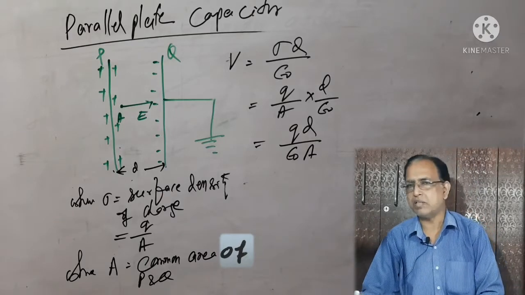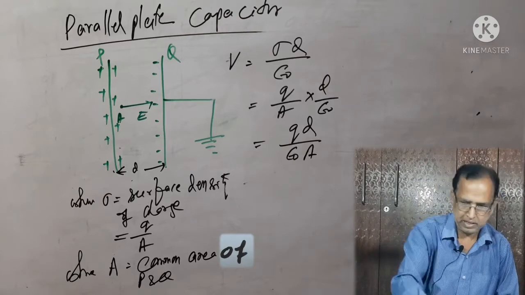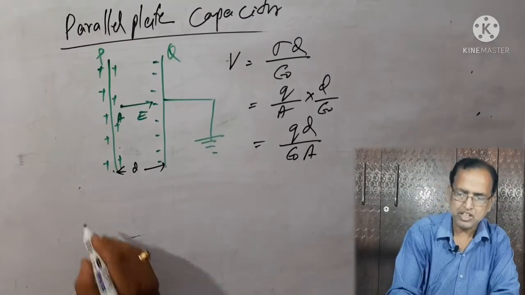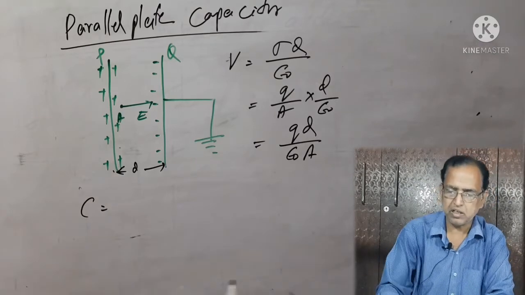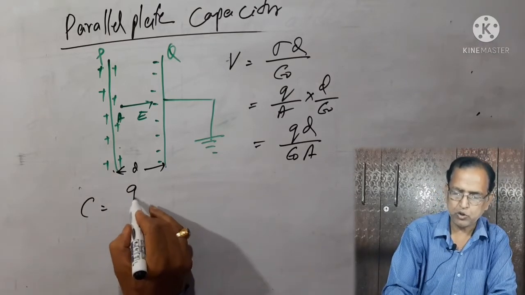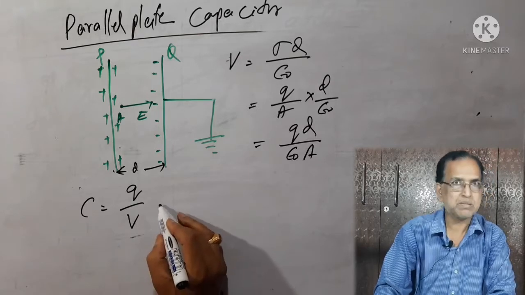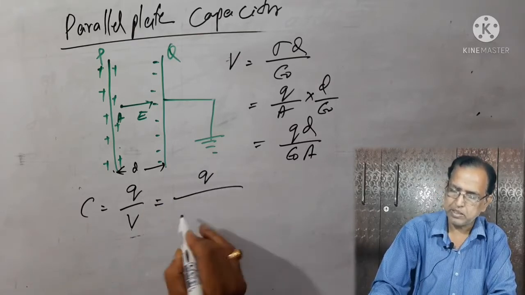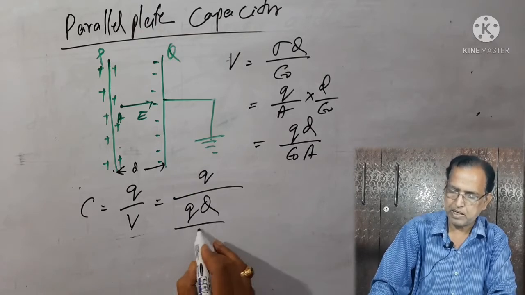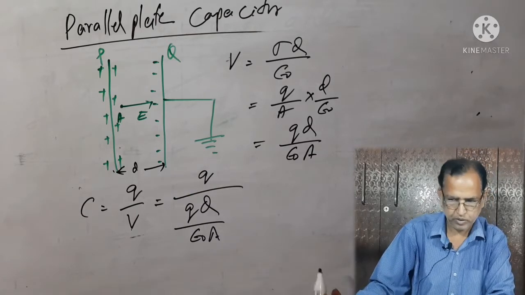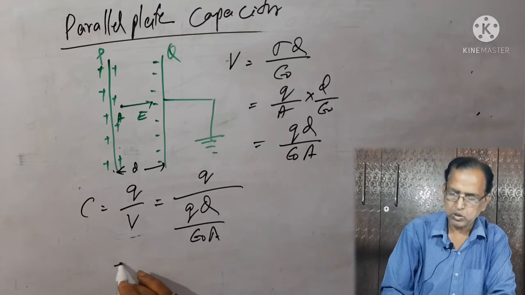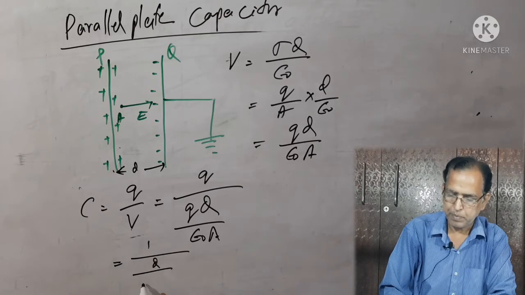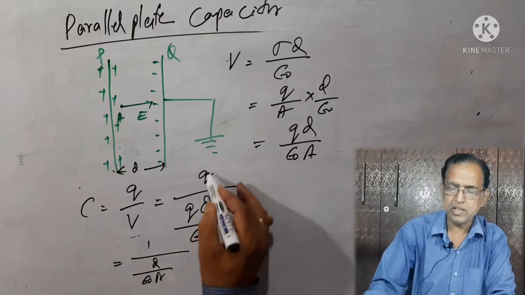Now we can find out the capacity of the parallel plate capacitor. Capacity C is equal to Q by V, charge by potential. So Q divided by Q d by epsilon 0 A, that is equal to 1 by d by epsilon 0 A, Q cancels.